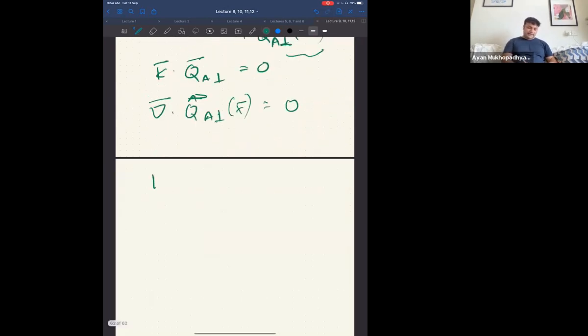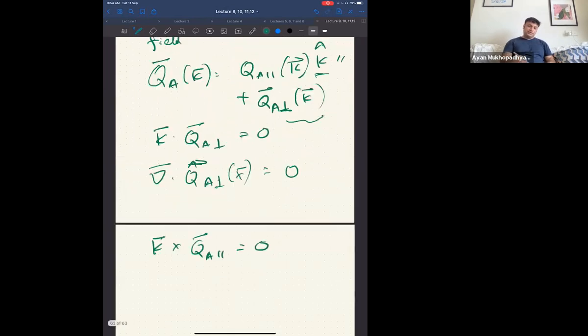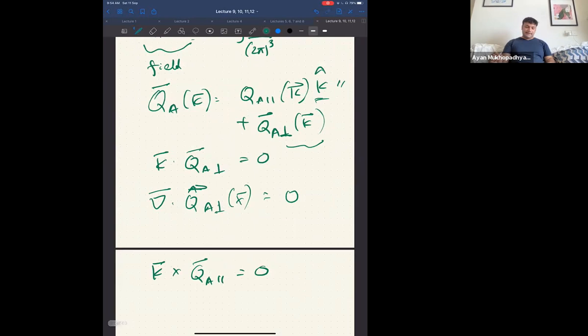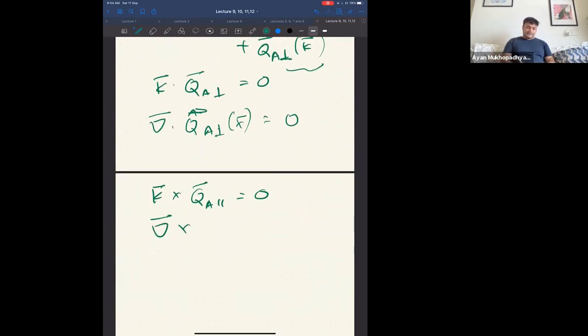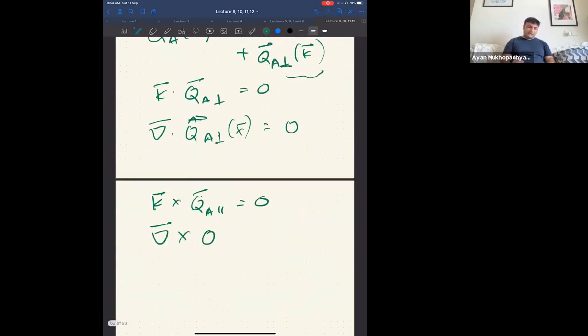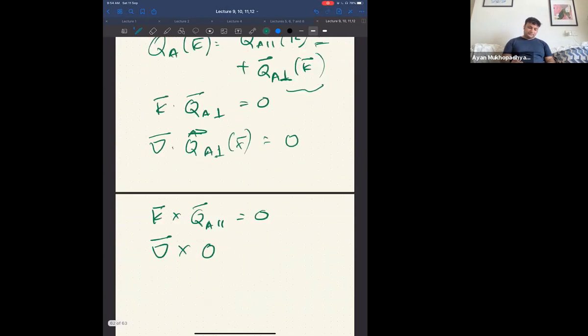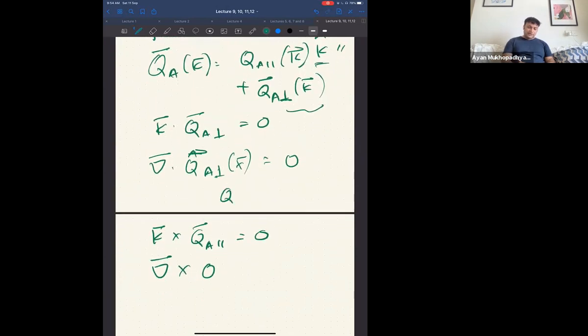So you see that k cross q_a parallel has to be equal to 0. When I define q_a parallel as q_a parallel k hat, then the curl of this object, when I go to real space with the Fourier transform, is 0.